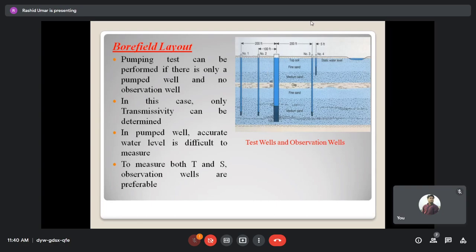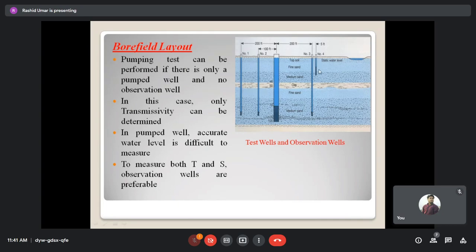So that it may measure the fluctuation in the unconfined aquifer. Yes, that's correct. That answer is correct. Very good. It will tell you if there is any impact of this pumping here. As I said, we are tapping this aquifer and pumping water from here. As you said, it is looking for any fluctuation which is taking place because of this pumping.